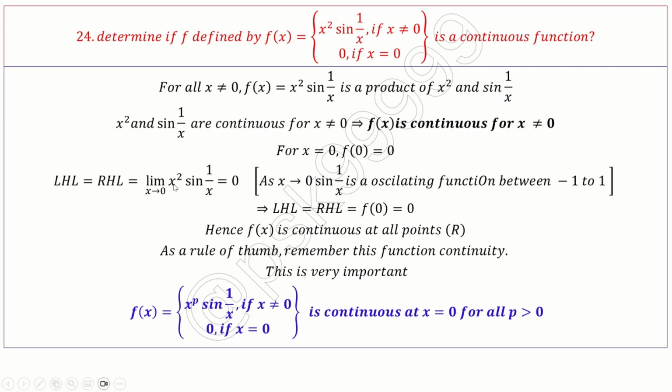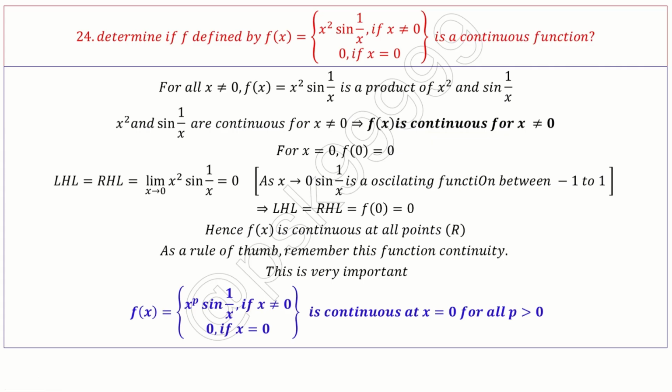Correct? And you are multiplying that with x square, which is 0, so it will be 0. So this limit is 0. LHL equal to RHL equal to f of 0, which is 0. So this is continuous at x equal to 0. And of course we also know that it is continuous at all other points also. So it is continuous at all real values.